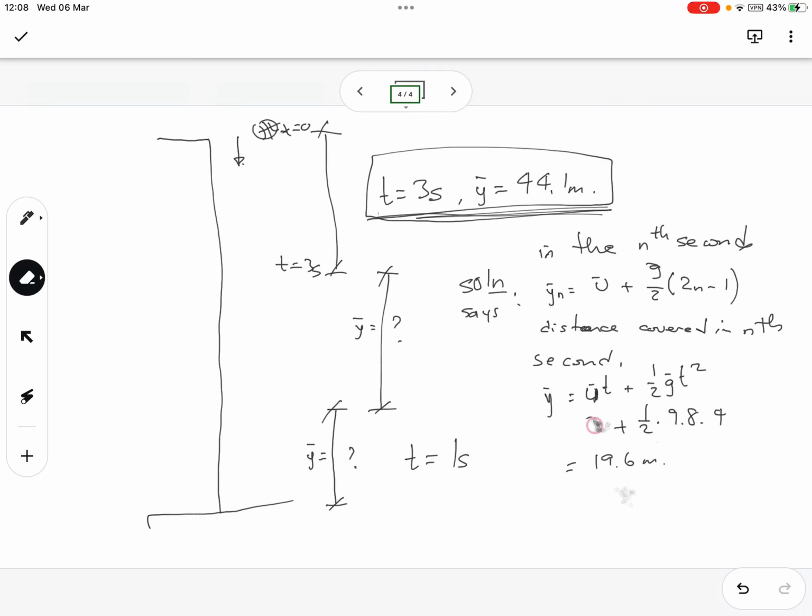But what is the height at 4 seconds? A half times 9.8 times 16, which is 8 times 9.8. How much is 8 times 9.8?